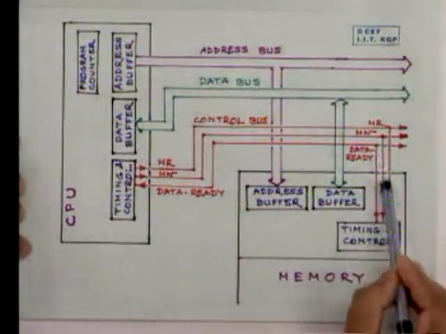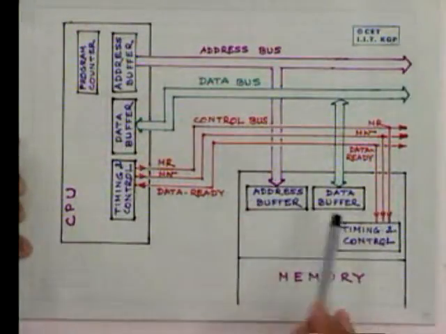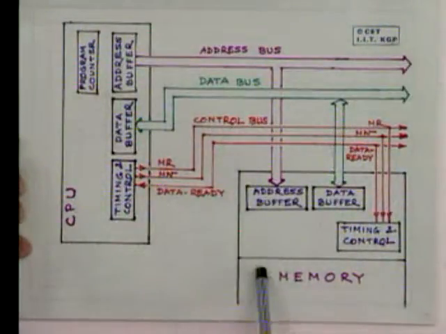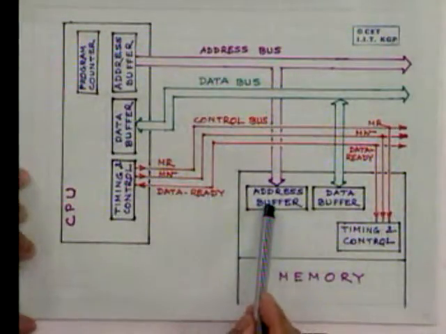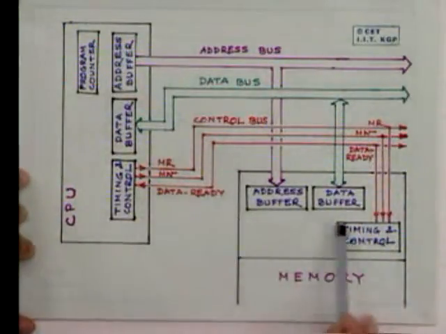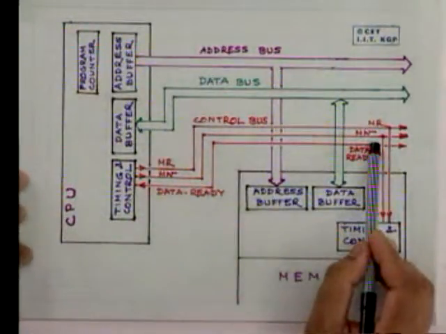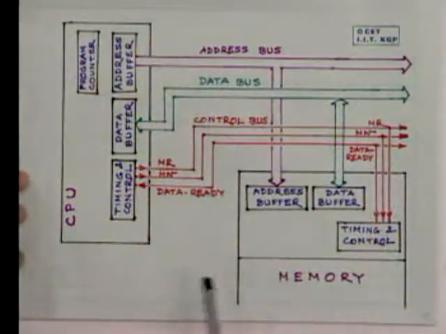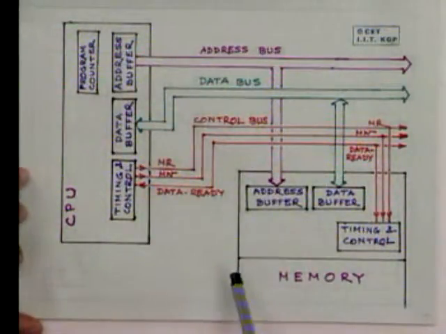On getting that, the memory takes the data from the data buffer and the address from the address buffer, and writes into the memory location given in the address buffer. This line can once more be used to say that the write is over, that is, data has been successfully written into the memory location.